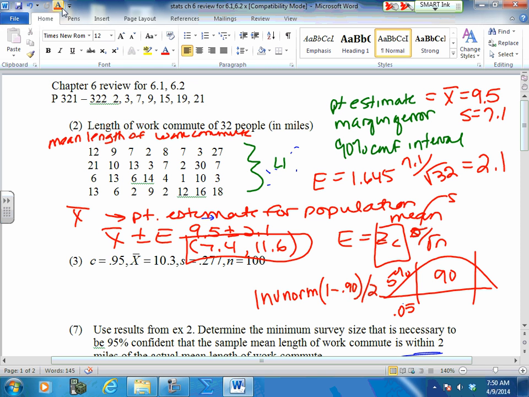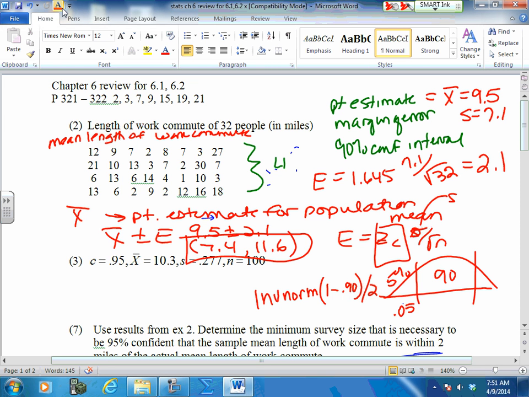You are 90% confident that your population mean will fall between 7.4 and 11.6. It's not your sample mean, because you're 100% confident your sample mean is there since you found it. But you are 90% confident that you inferred this about your population. That's really important that you understand this.